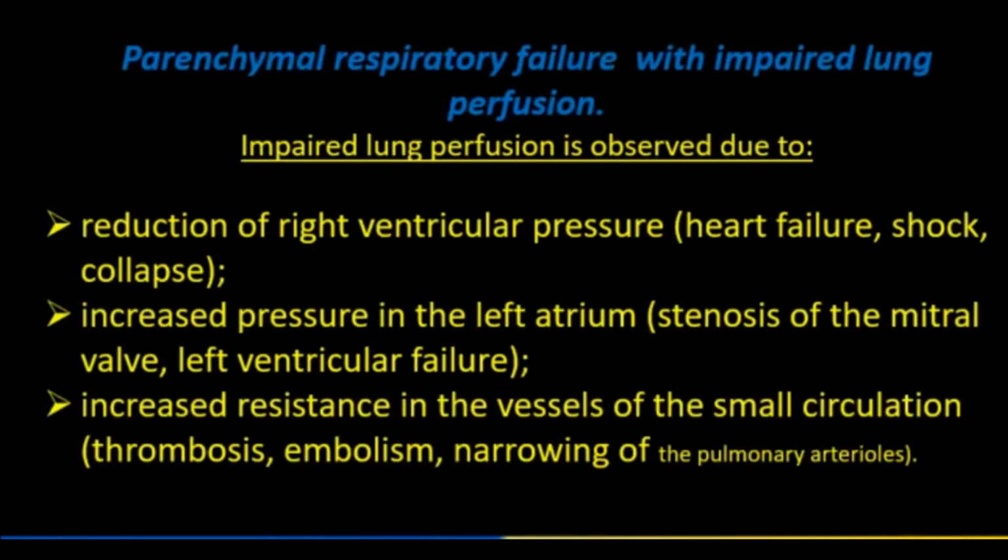Parenchymal respiratory failure with impaired lung perfusion. Impaired lung perfusion is observed due to a reduction of right ventricular pressure, increased pressure in the left atrium, and increased resistance in the vessels of the small circulation. It's thrombosis, embolism, and narrowing of the pulmonary arterioles.